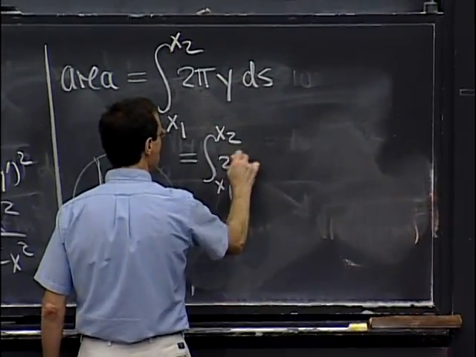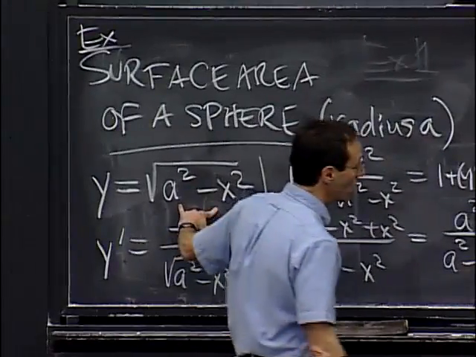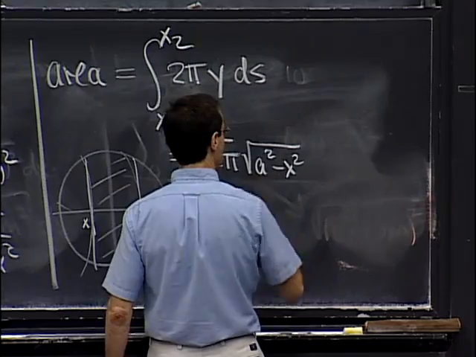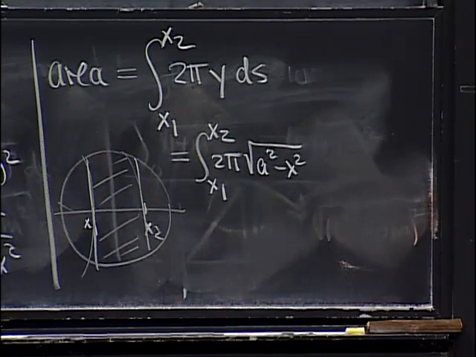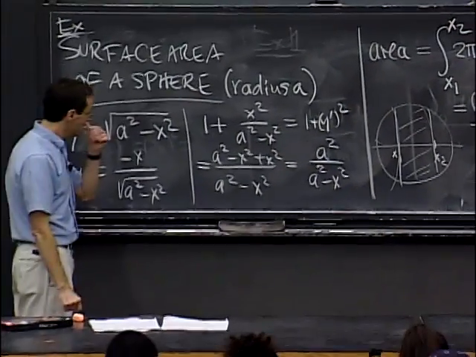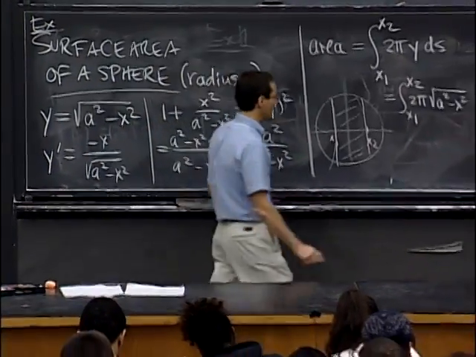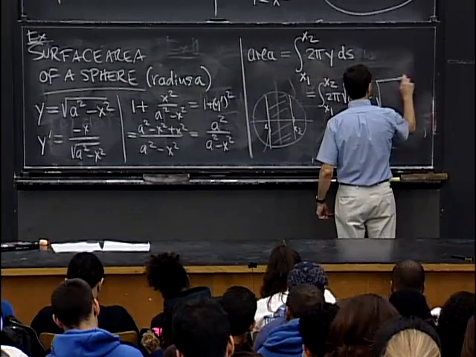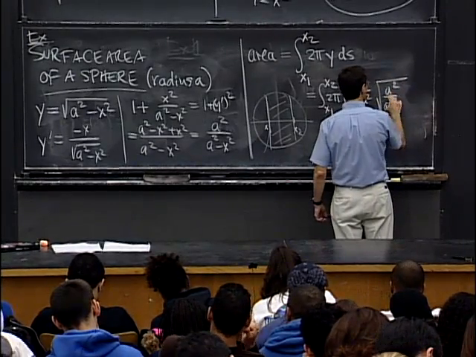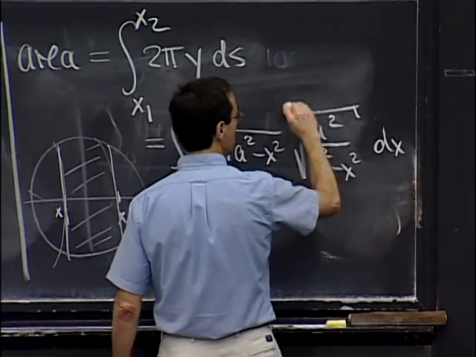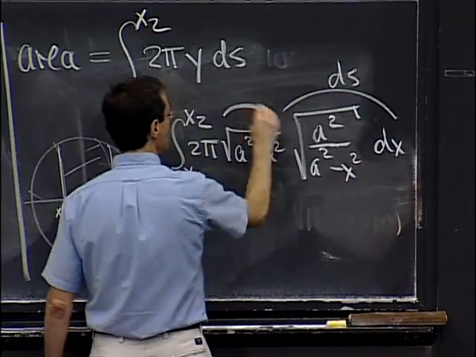So 2 pi, the formula for y is the square root of a squared minus x squared. And the formula for ds is the square root of this times dx. So it's the square root of a squared over a squared minus x squared dx. All right, so this part is ds, and this part is y.